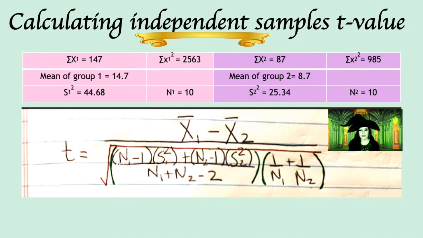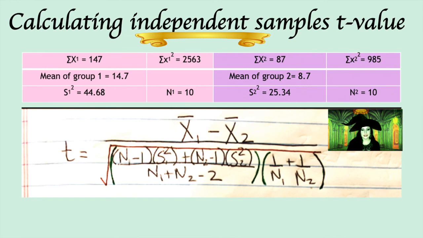So now all we need to do is put the numbers in place of the symbols from the formula. So x1 will be represented by 14.7 and x2 is going to be represented by 8.7. n minus 1 of the first group is going to be 9 because 10 minus 1 is 9.